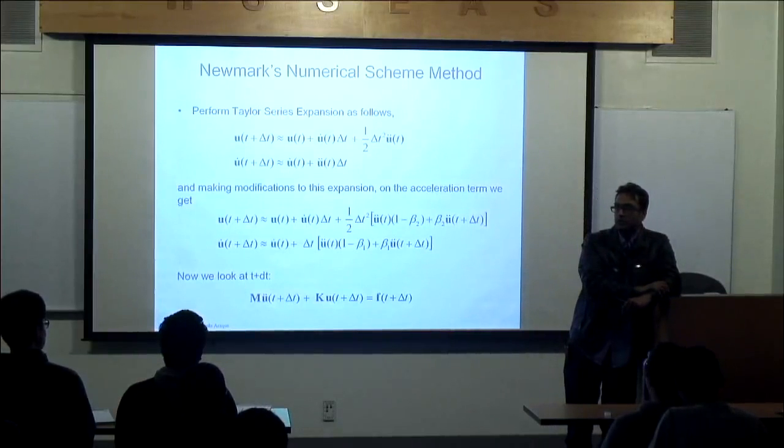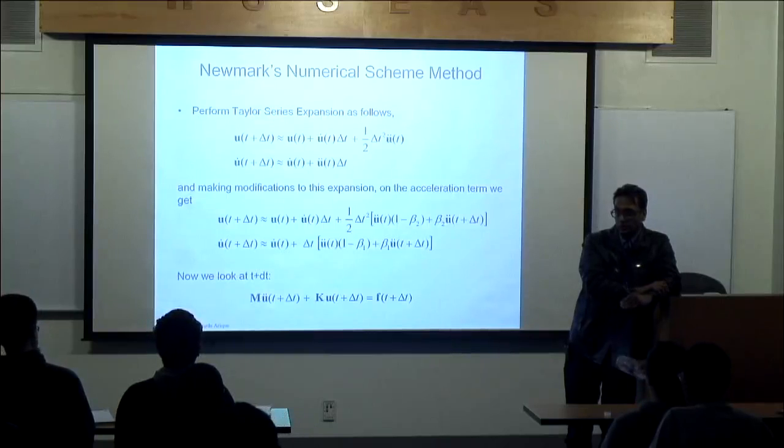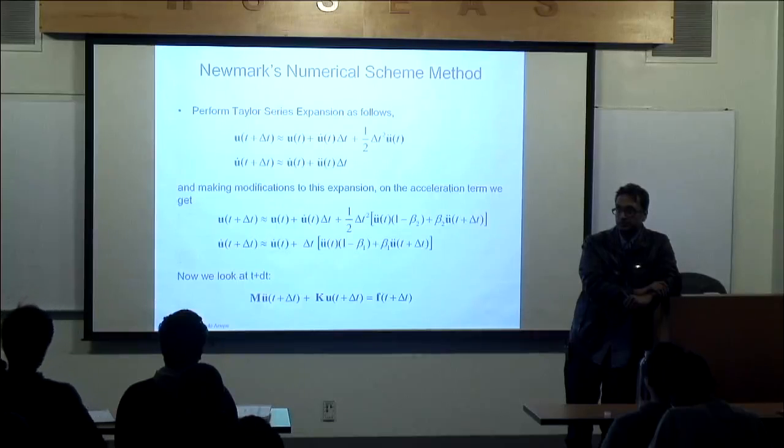We're basically trying to approximate the solution to the problem. So we're trying to approximate the solution of the acceleration just like we were doing with central difference, backward difference, and forward difference. It's just a different way of doing it. We're just doing that to the acceleration term alone.